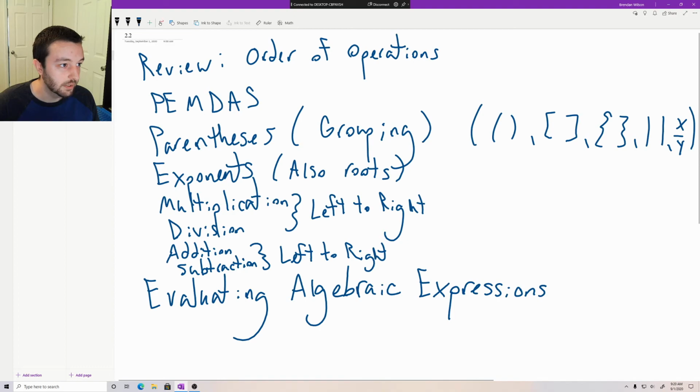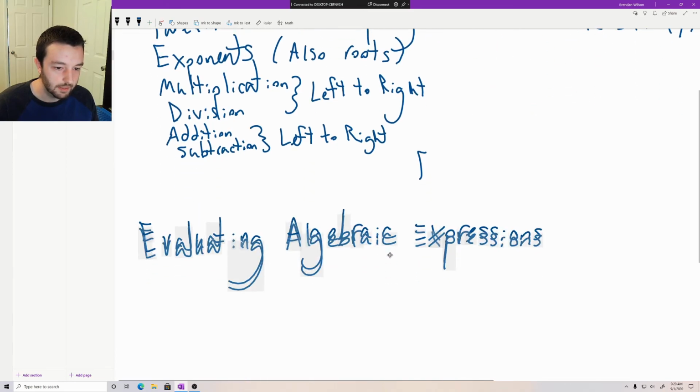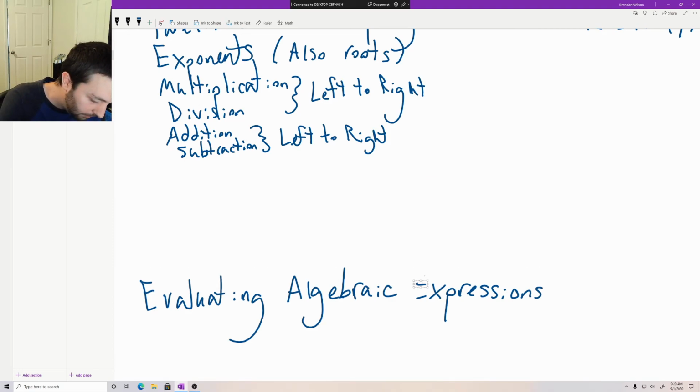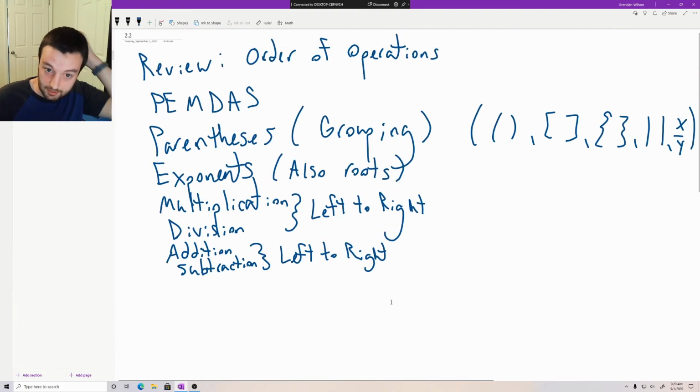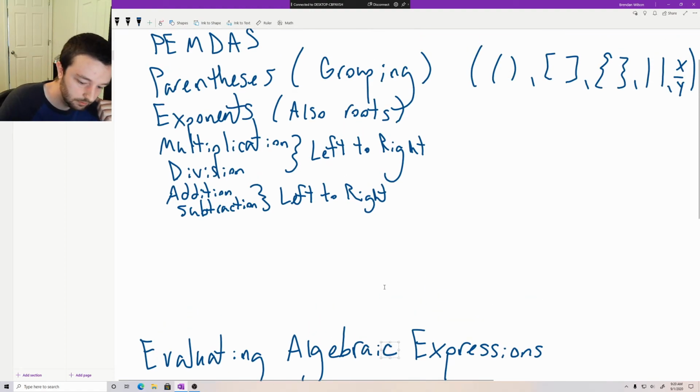Give us a little more room here. Man, that part really doesn't want to come along, huh? Oops. So let's do one example here. I'll do it on the side.